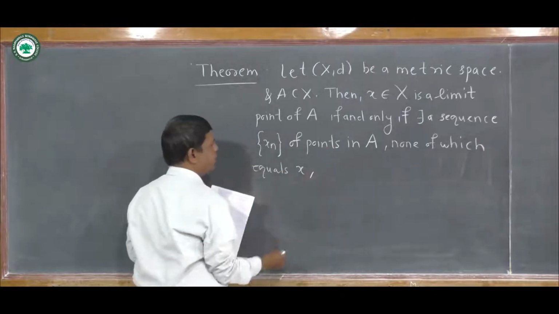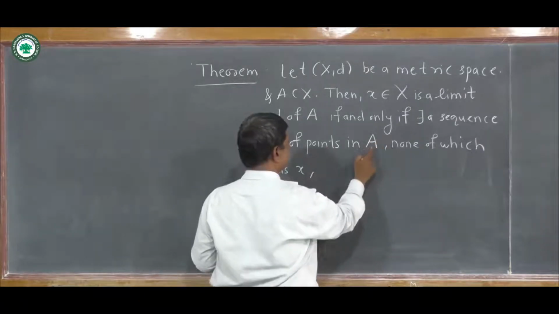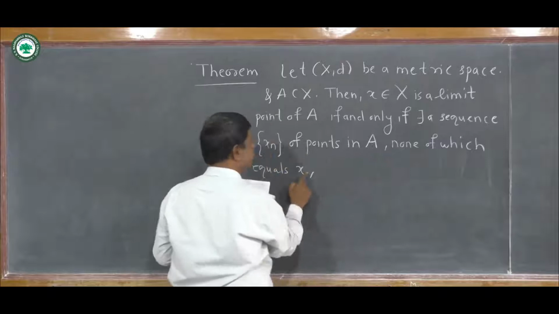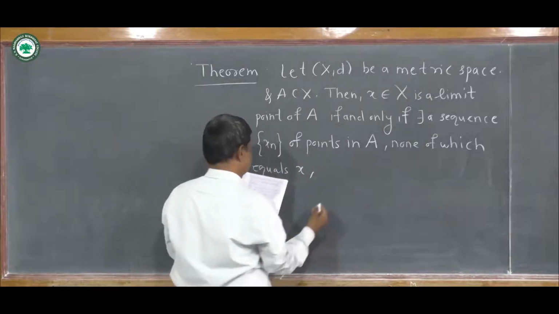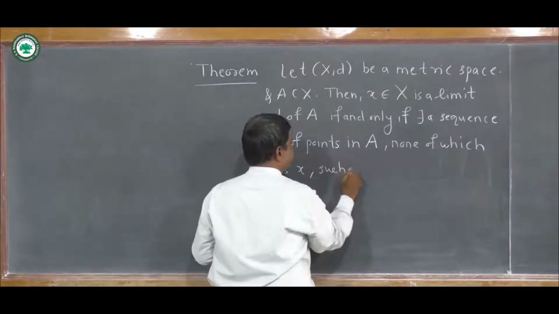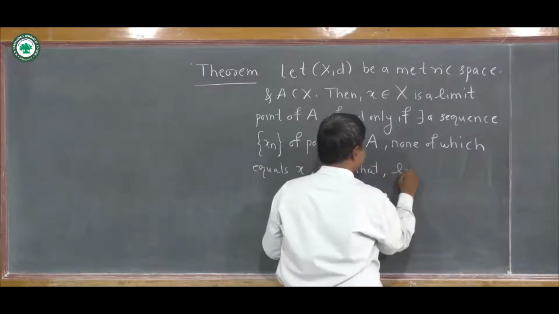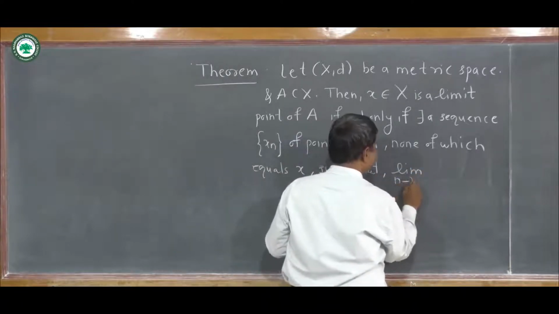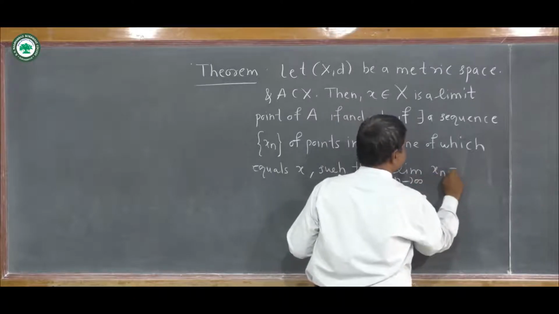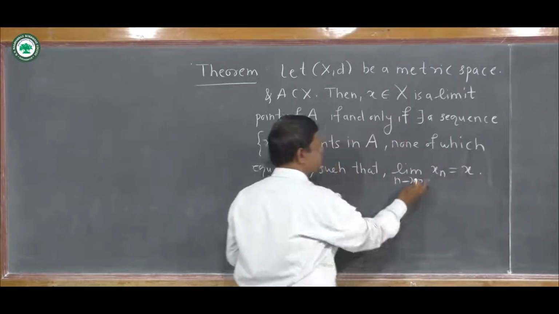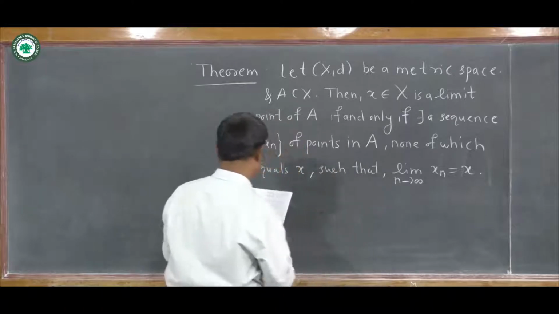It means that here now all the terms of the sequence are different from x here, such that limit n tends to infinity of xn is equal to x. That is, sequence xn converges to x here.